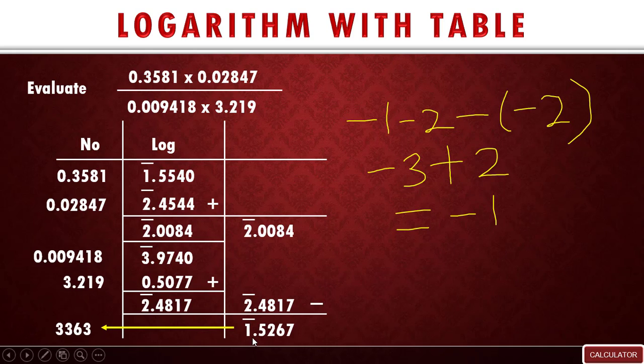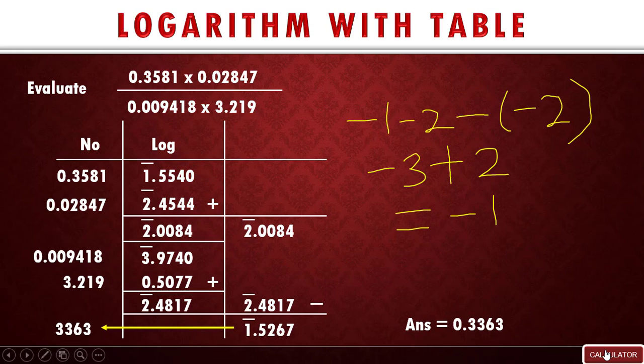But since this gives 0, that means we are going to put our decimal at that same position that we are supposed to count from. That means we have 0.3363, as we see in this answer.